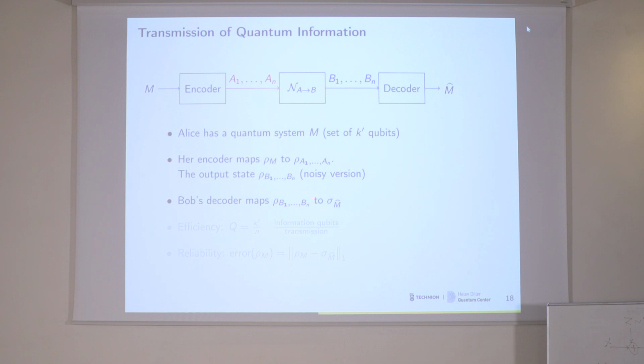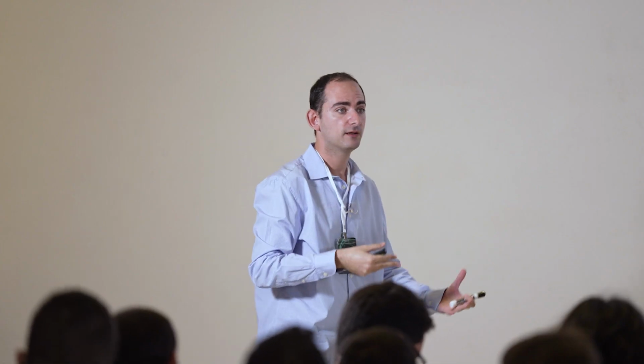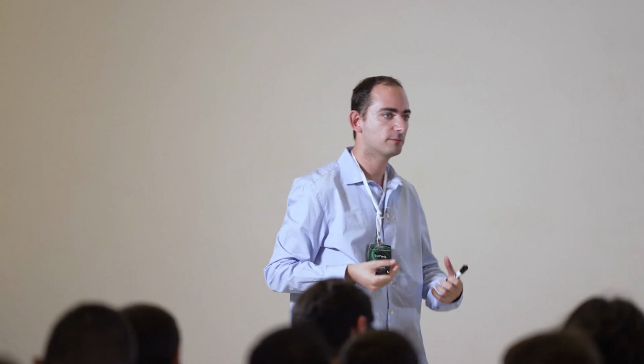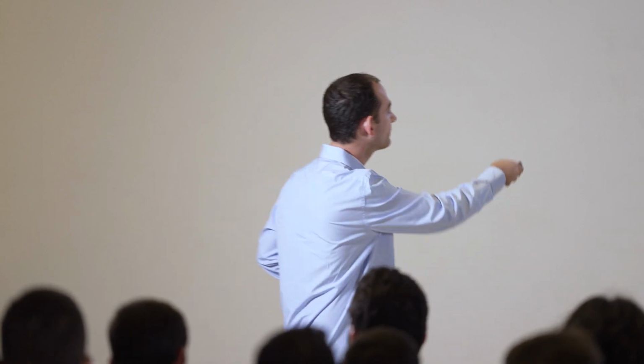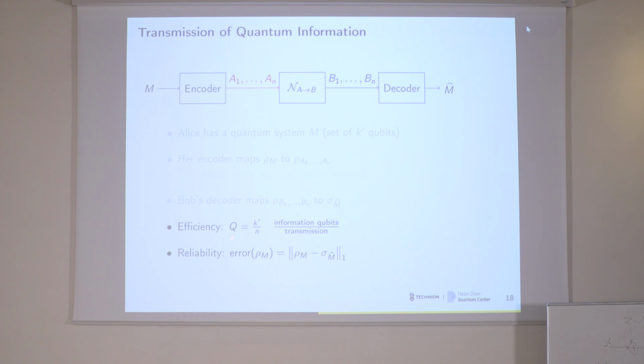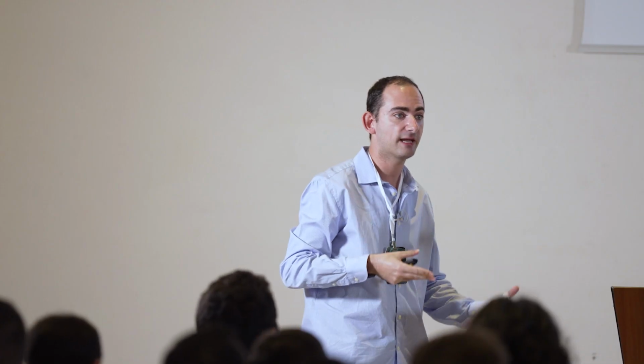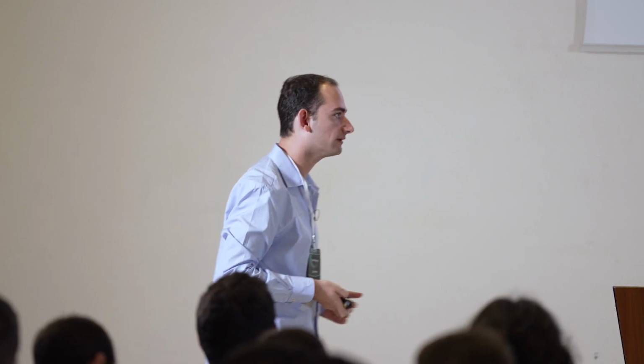So he prepares this state, sigma M hat, that should be as close as possible to the original state. Now when we look at the performance, we have a quantum rate. This is the fraction of information qubits per transmission. And we have a quantum error, the trace distance between the message state and the state that the decoder produces.